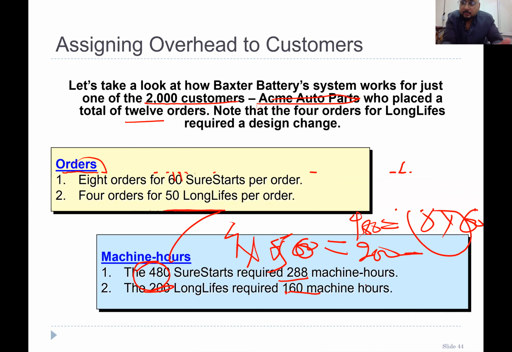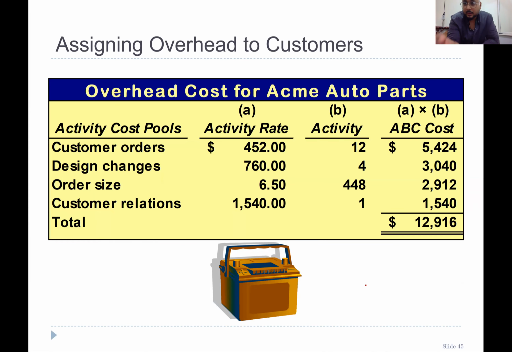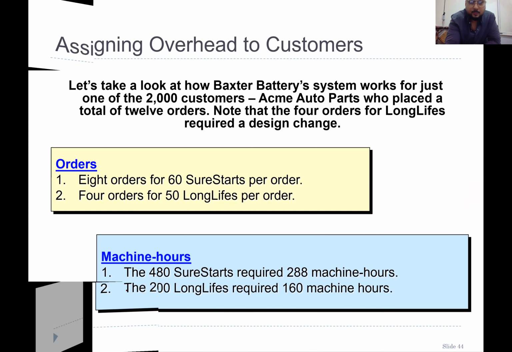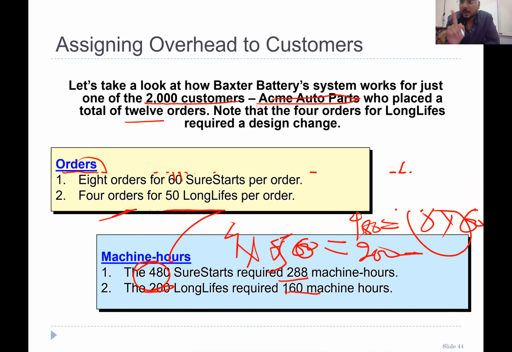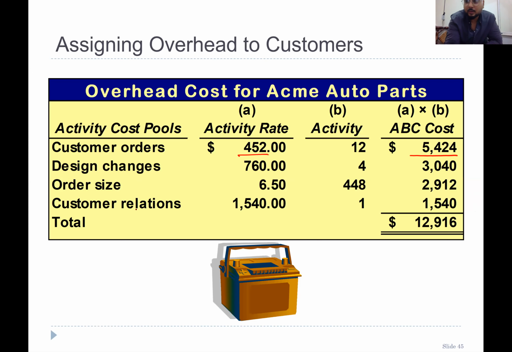All you need to do is multiply with the rates and find out. Here we go. So for customer orders, he gave us 12 orders, right? One order costs $452. So this is the order cost. Design changes. He only put 4 orders for long life in which a logo change or design change is required. So you see only 4 here. Overall, he placed 12 orders, but only 4 belong to design change.